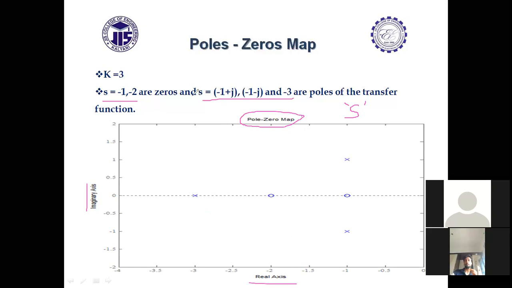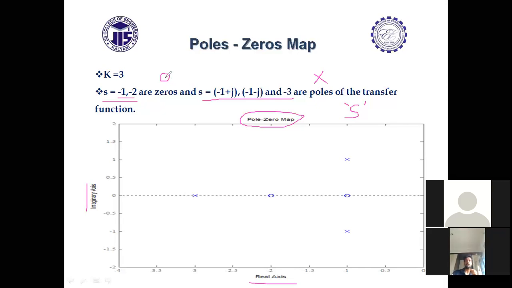This pole zero map can be drawn by hand. This pole zero map can be obtained by using MATLAB programming or any control simulator programming. Generally, poles are denoted by cross, zeros are denoted by circle. So we have two zeros at minus 1 and minus 2.